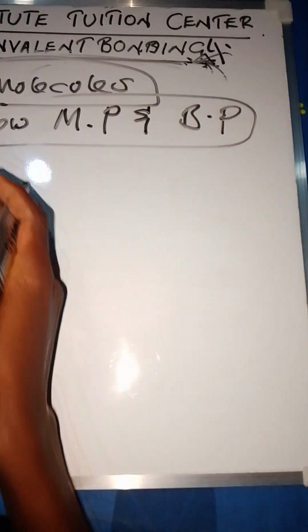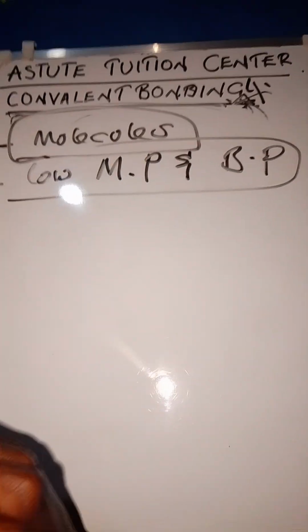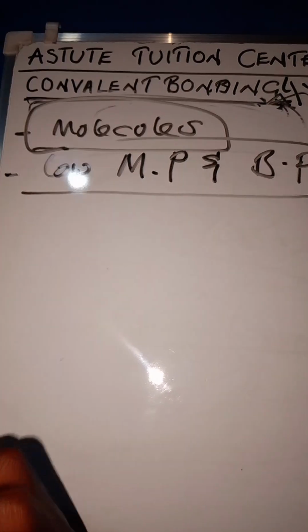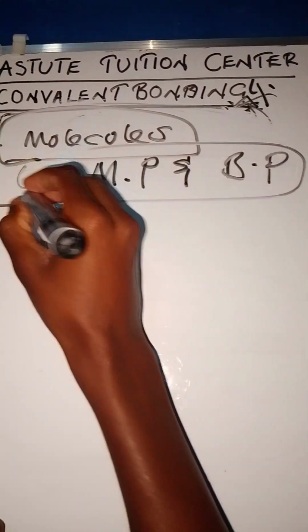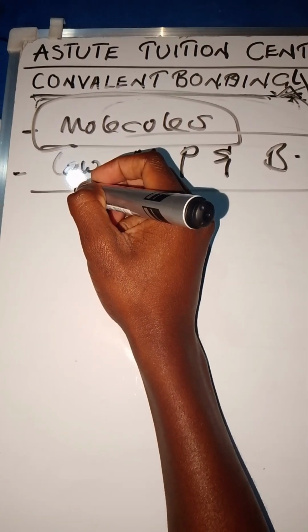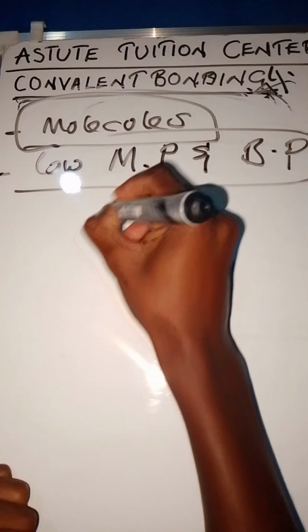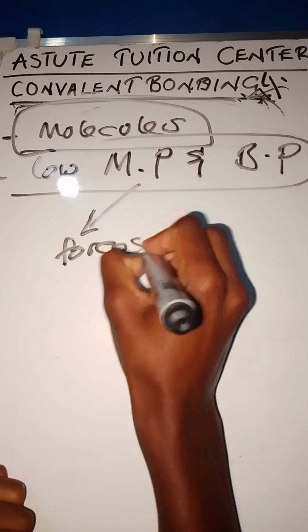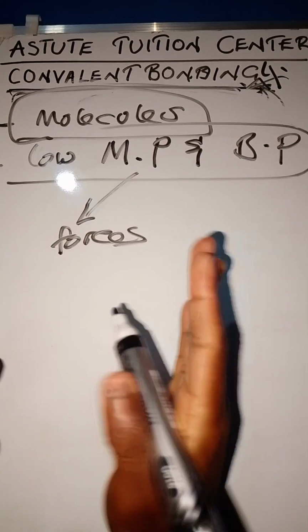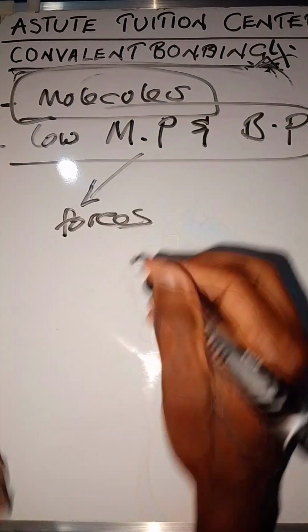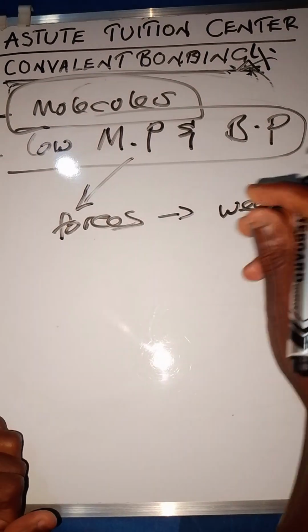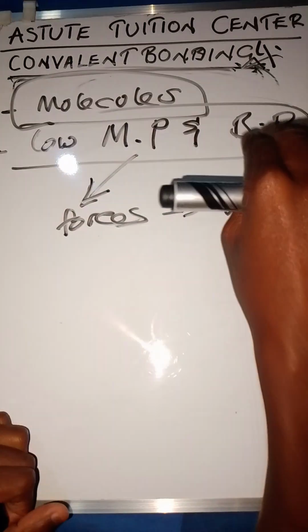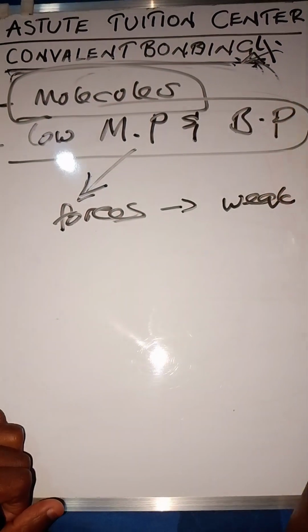For these ones, their melting points and boiling points are very, very low, unlike ionic bonding where they are high. The reason these have a low melting point is that the forces holding the bonds together of hydrogen and oxygen when they bond are weak. They're not as strong as in ionic bonding. That's the reason these have low melting points and boiling points.